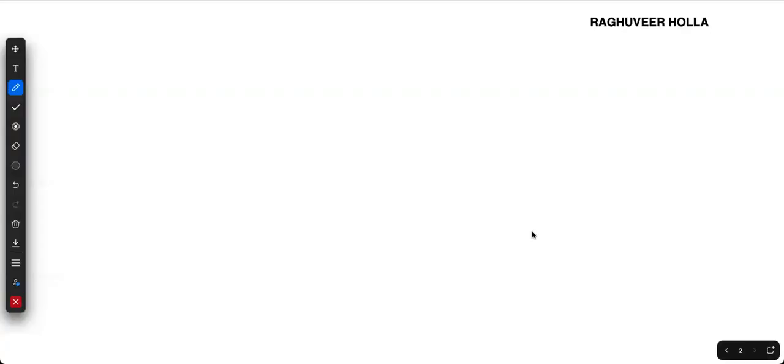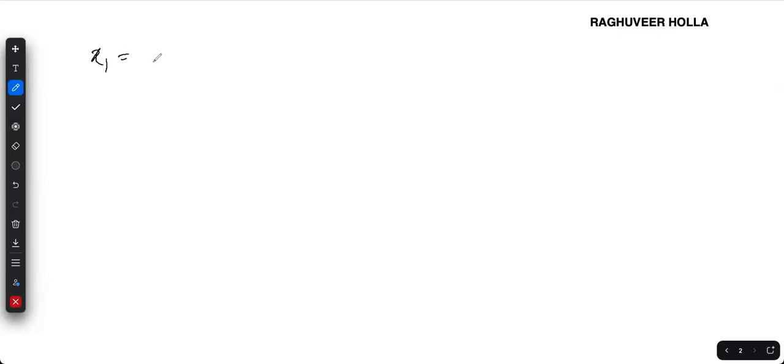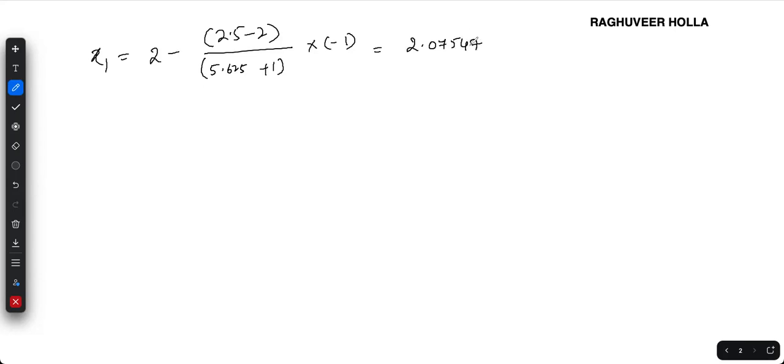Here the first approximation x1 is a, which is 2, minus b minus a, which is 2.5 minus 2, divided by f of b minus f of a, which is 5.625 plus 1, multiplied into minus 1. This results in 2.07547.